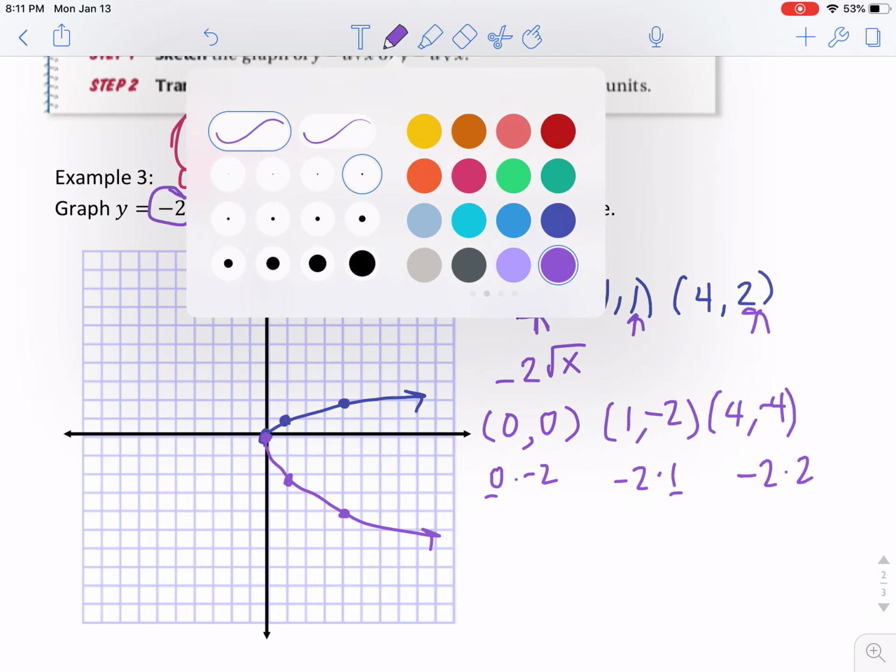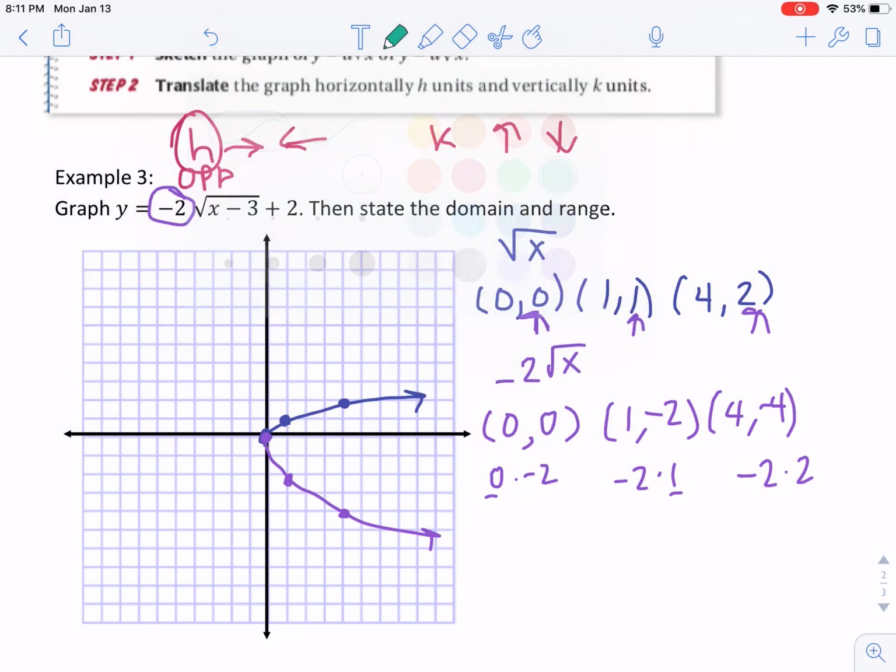Okay? Now that we have that graph, now I'm going to apply my h. So my h value is technically 3. Even though it says -3, it's always the opposite. So my h value is 3, which means I'm going to go to the right 3. I'm taking all the x values by 3.